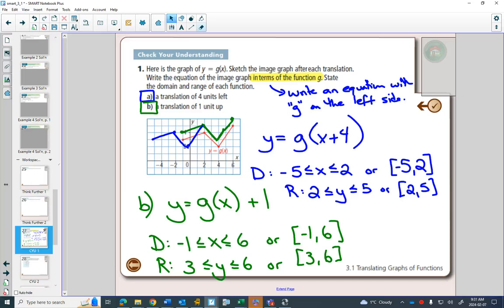I did that for A and B. Write an equation of the image graph in terms of the function g. Yes, I've done that for the blue one, and I've done that for the green one. Then finally, state the domain and range of each function. If I checked it over, I would have realized, ooh, I missed my range on the blue one. So by checking it over, I just make sure that I have all of those things.